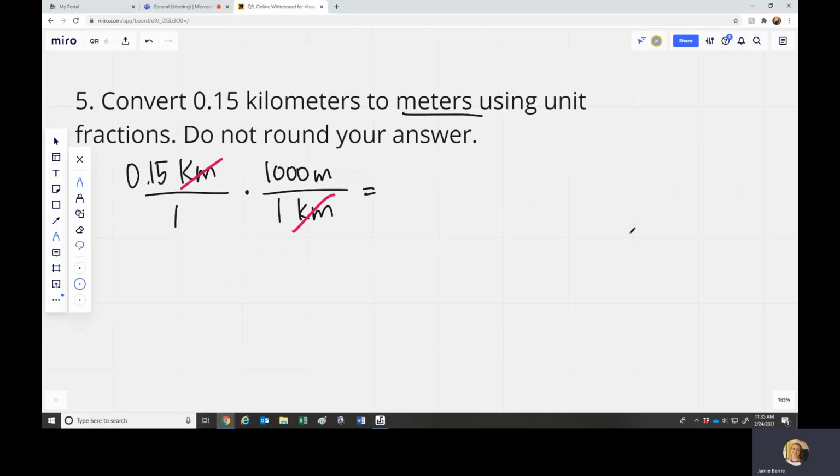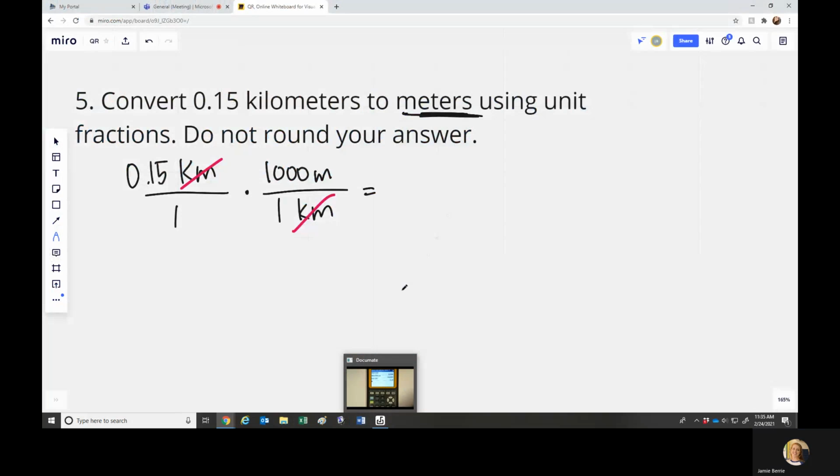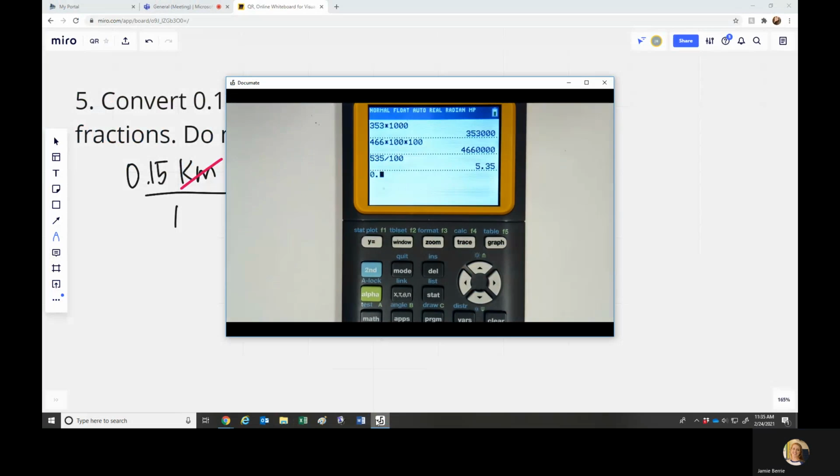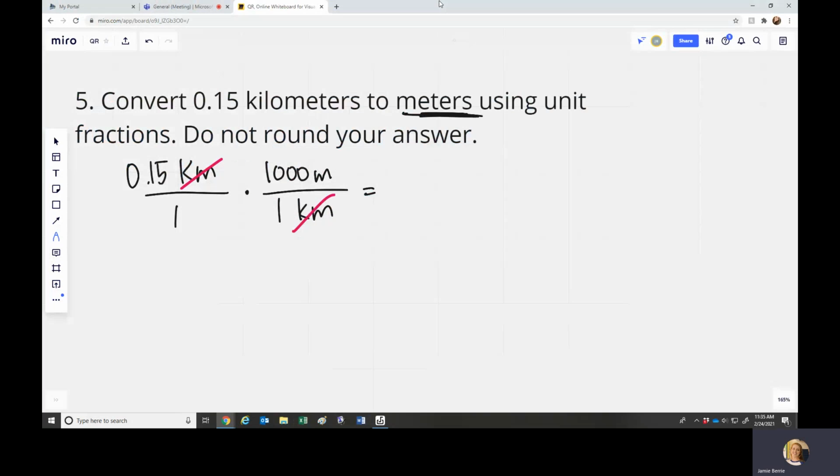Kilometers cancels with kilometers. Now we have meters left in the top, which is what we wanted. So multiply across the top. Bottom stays the same. 0.15 times 1,000 is another easy one. That's just going to be 150. So that's 150 meters, because that's our unit that's left in the top.